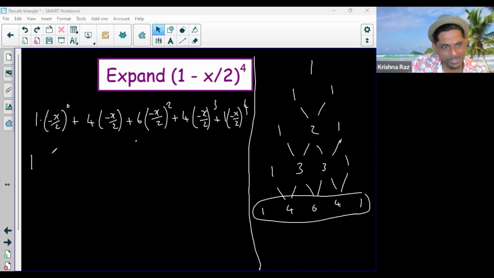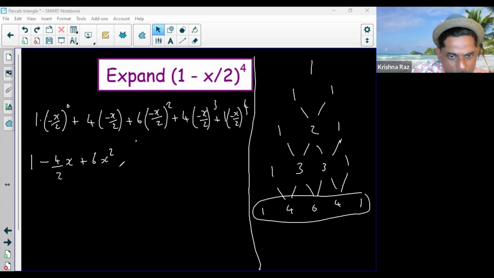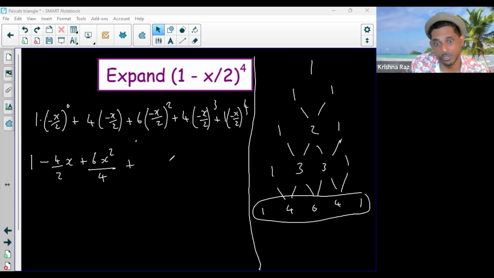And now we can get a minus 4 over 2 x plus 6 times minus x squared, which will be positive x squared over 2 squared. Then we're going to get a negative cubed, which is still a negative.